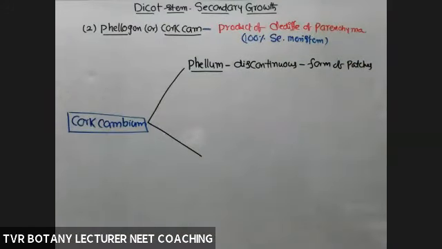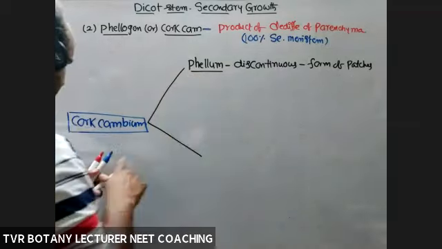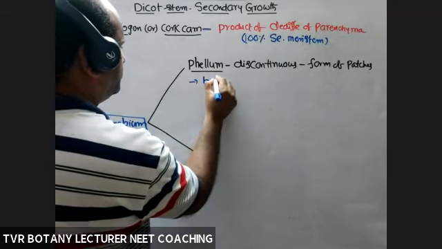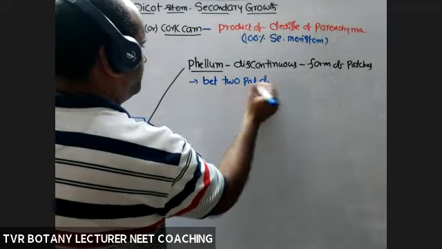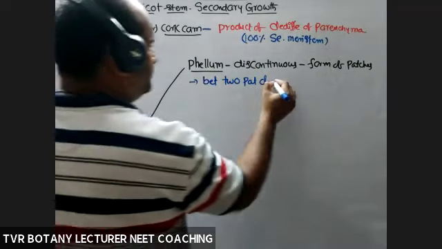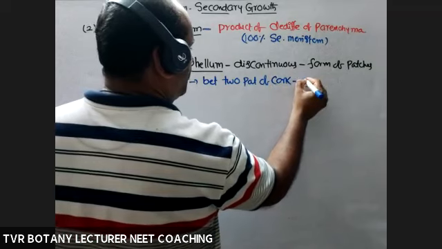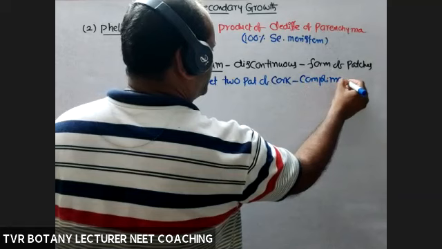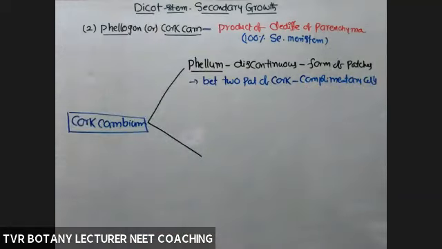In the gap between two successive patches of phellem, complementary cells are present, specialized parenchymatous cells.